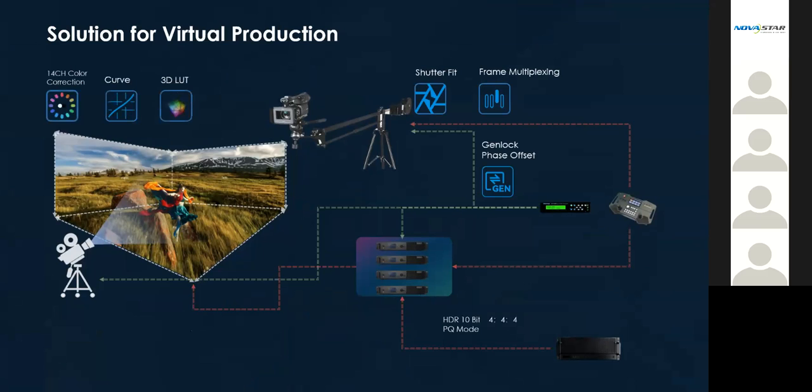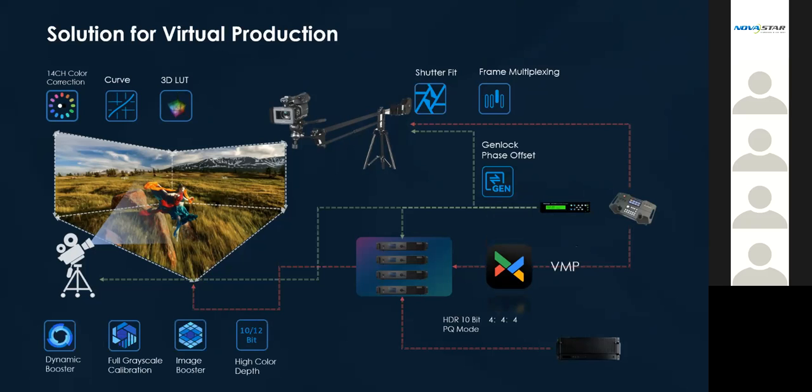On the screen side, flexible color adjustment can ensure a perfect color match. All of these are supported by the new software VMP. Last but not least, the new system also provides two core technologies: dynamic booster and full grayscale calibration, providing the HDR-like effect and lowering power consumption at the same time.